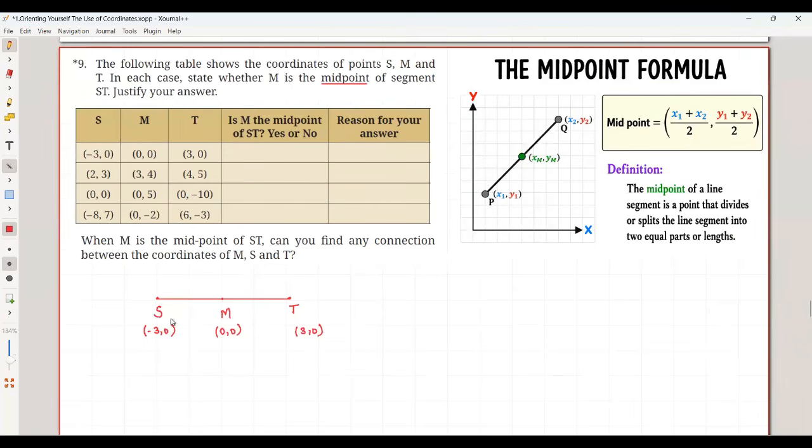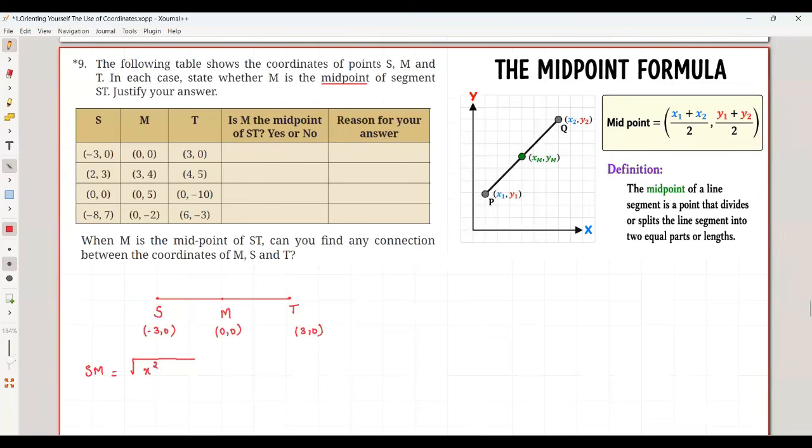So let us check whether the distance of SM is equal to MT. I'm just going to use the distance formula. SM is equal to the square root of x2 minus x1 the whole square. Here one point is the origin. So origin means you can directly go with the origin formula. Origin formula is what? x square plus y square.